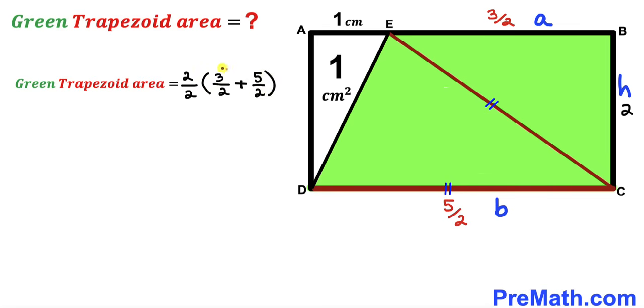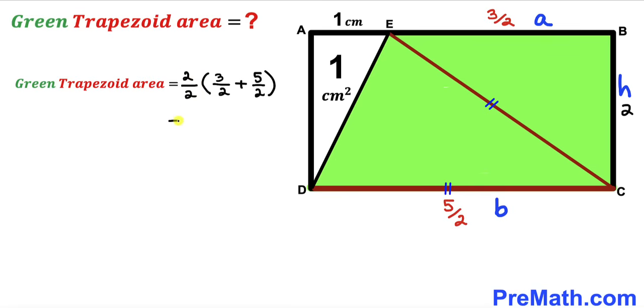Now we are going to add these two fractions. 3 divided by 2 plus 5 divided by 2 gives us 3 plus 5 divided by 2, that is equal to 8 divided by 2, which equals 4. At the very same time, 2 divided by 2 reduces to 1.